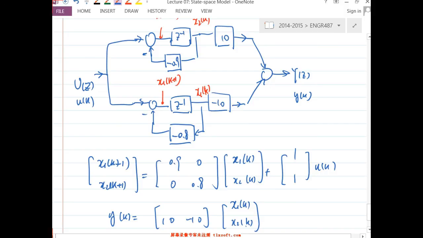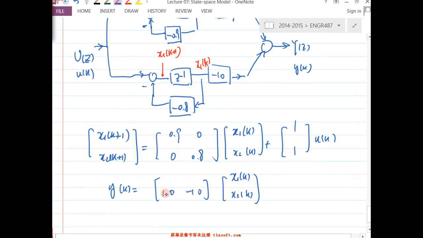Actually, this should be negative here. So negative 10 times x1 of k, and 10 times x2 of k. That makes sense?